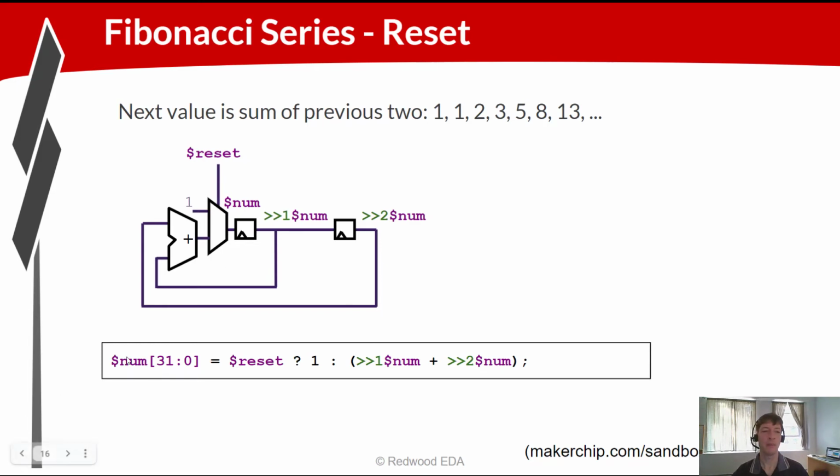We assign num, that acts as the declaration, and we immediately have access to previous values as far back as we want to go by using this ahead-by operator. Ahead by 1, ahead by 2. Okay, so this is the complete TL-Verilog expression of this circuit.